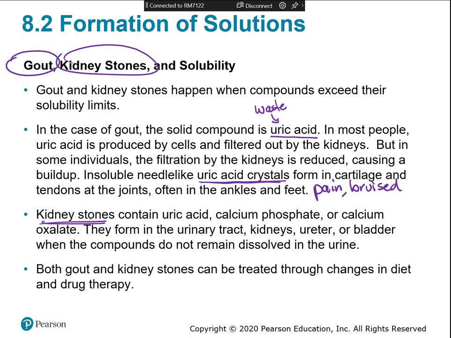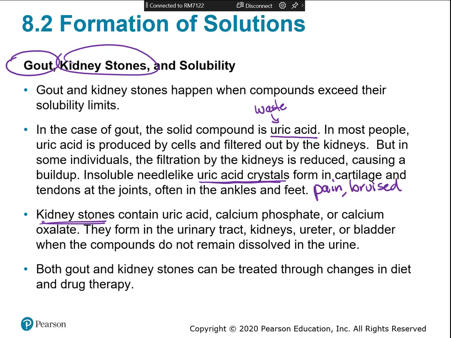Again, increasing water intake, trying to flush it, trying to decrease the saturation level of these salts, of these waste molecules can help. Diet can sometimes help. There are also, again, other medications that can help to limit the saturation and limit the amount of whatever stone type you have.